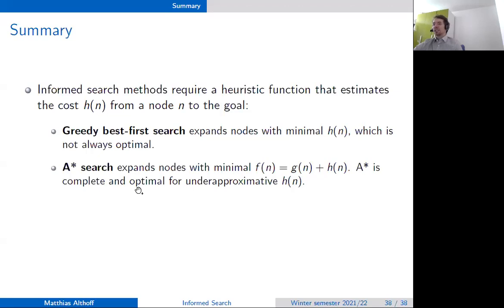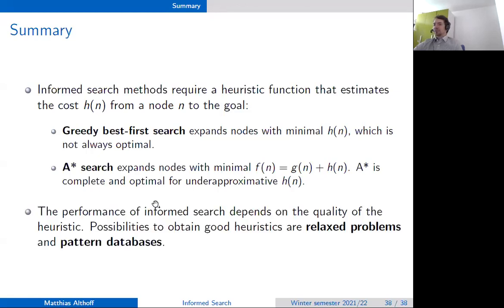And as we've seen, there are 2 ways to automatically, or in a constructive way, find these heuristics. One was to use pattern databases, and the other one was to create problems where we remove constraints. So these were the relaxed problems and the pattern databases.